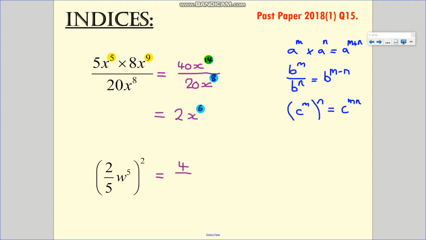I'm going to square the number 5, which is 25. I'm going to write down our base, which is w, and then the third rule of indices tells me that if I'm raising a power to another power, I'm going to multiply them together to get my final power of my index. Okay, so 5 times 2 gives me 10 on the end.